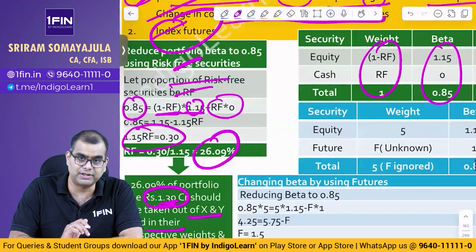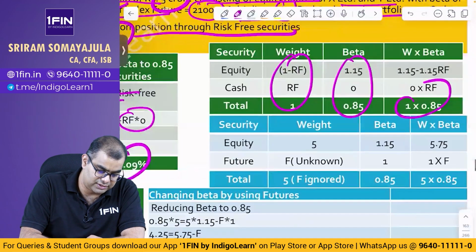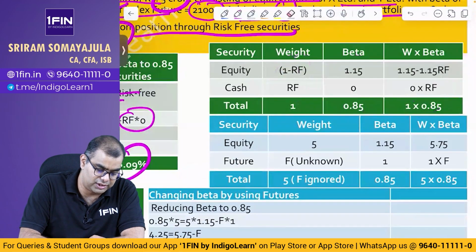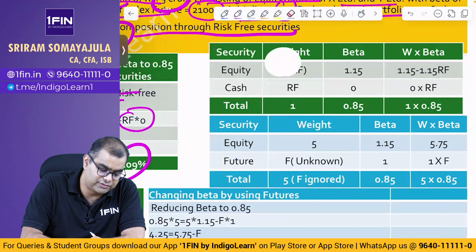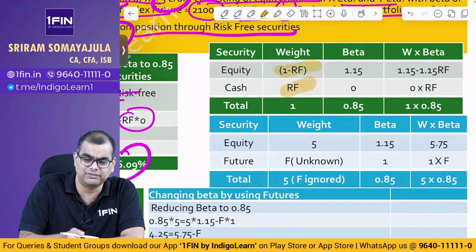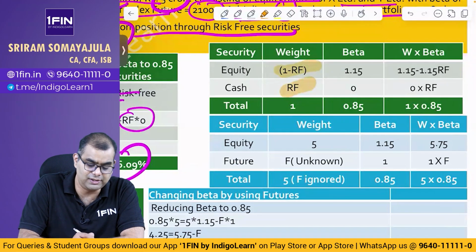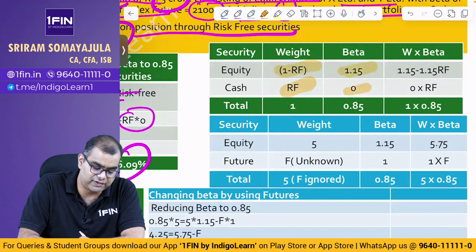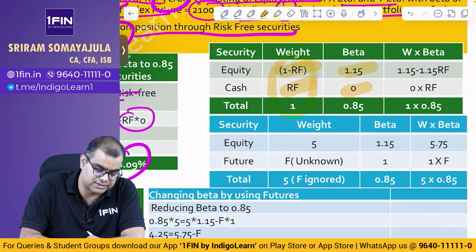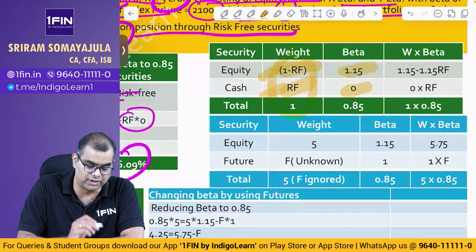இதில் வந்து ஒரு விஷயம் எக்ஸ்பிளைன் பண்ணணும் உங்களுக்கு. When you have equity as 1 minus risk free and cash as risk free, cash தான் நமக்கு risk free, weights, and beta of 1.15, இது 0. When you are computing total weights, sum of 1 minus risk free plus risk free is 1.